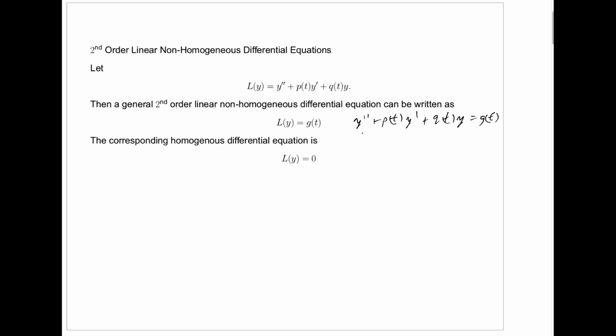For a differential equation like this, we'll talk about the corresponding homogeneous equation as just what we get if we replace g of t by 0. That's the equation L of y equals 0. Now, we already know from the general theory that the general solution to the homogeneous equation is just y equals c1 y1 plus c2 y2, where c1 and c2 are any real numbers.